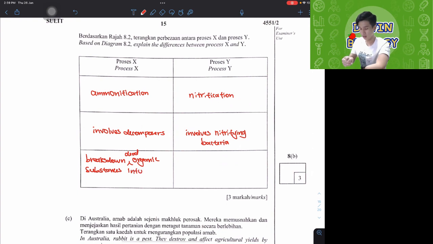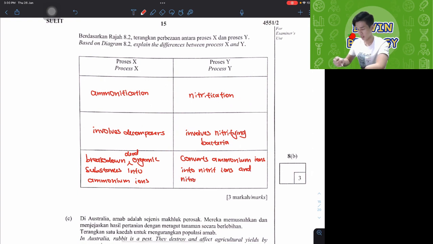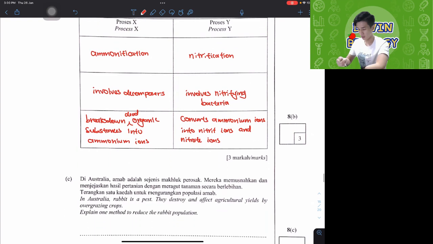So we have dead organic substances into ammonium ions. Or this one basically converts ammonium ions into NO2 and NO3, into nitrite ions and nitrate ions. So that's the difference.